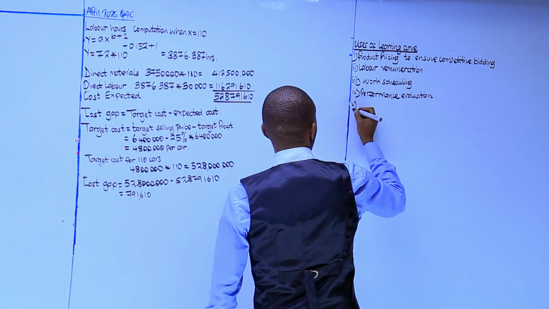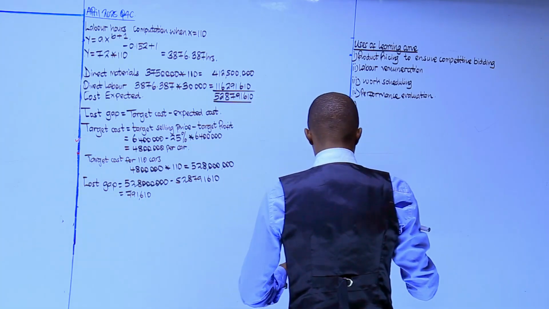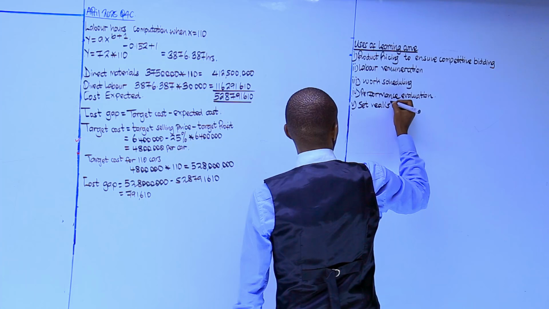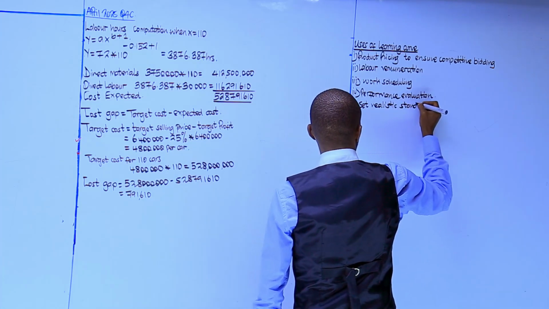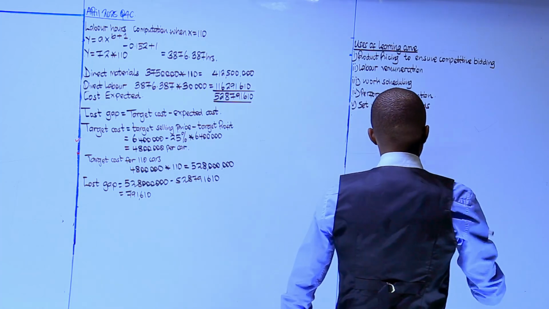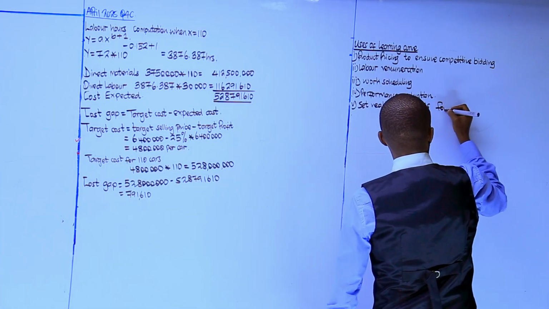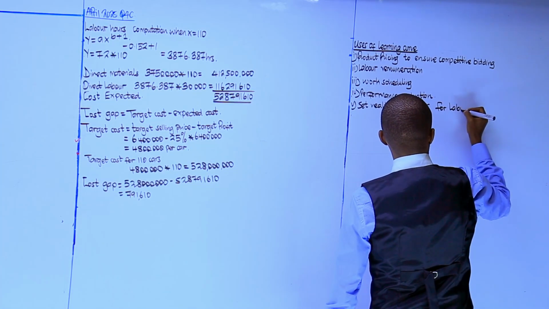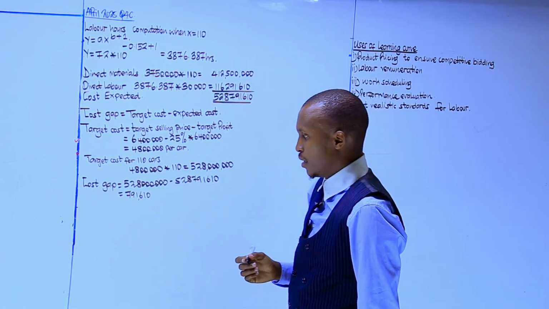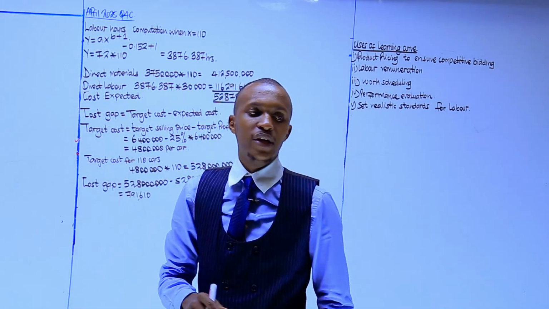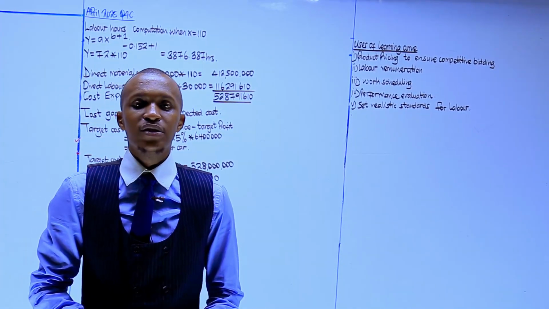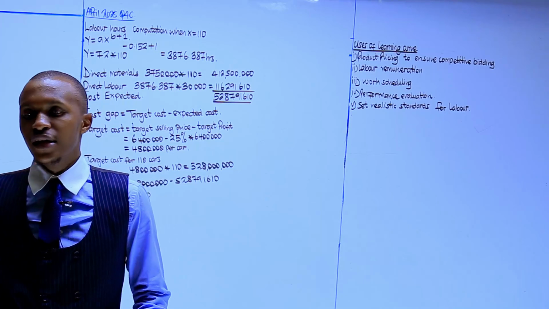The fifth use of learning curve is to set realistic standards for labor. You will say, if I give my employees one day to work on a certain job, how much time can they afford to take?